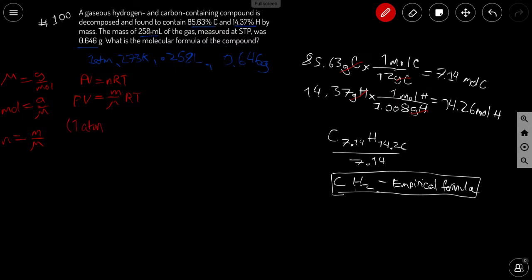Volume, they tell us that it is 0.258 liters. Mass, they give us 0.646, so we can plug in our mass.